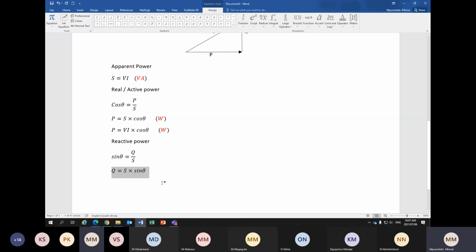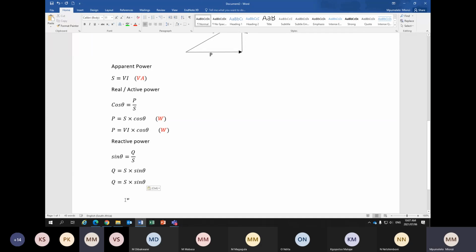But we are already aware that S is V times I. The unit of this is VAR, which is volt-amperes reactive, because it's the reactive power.